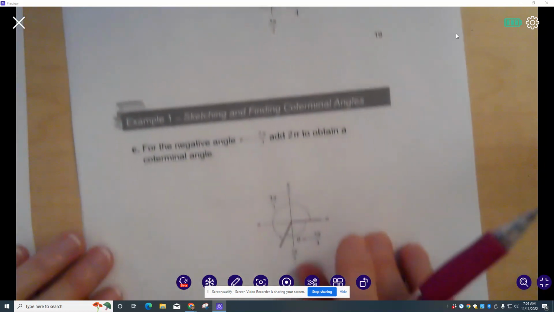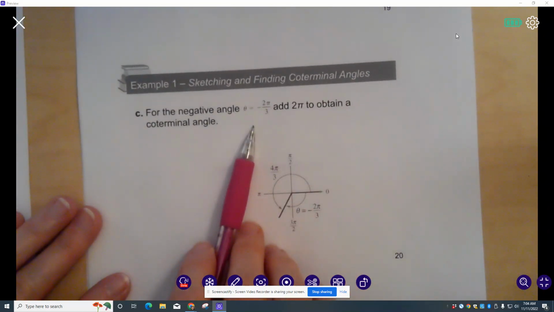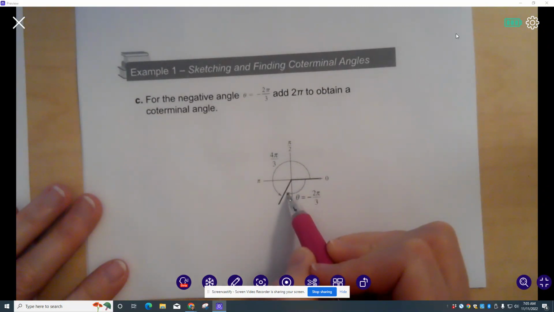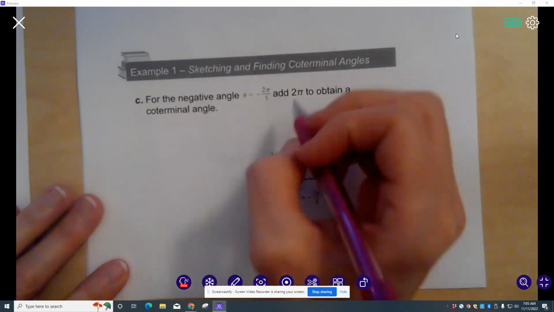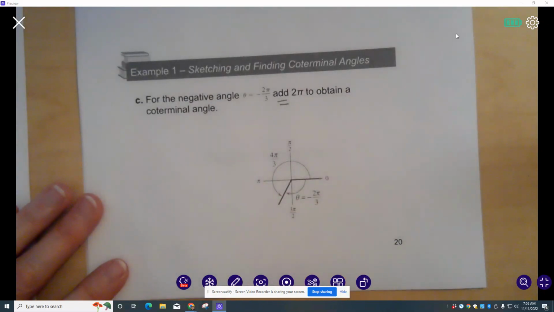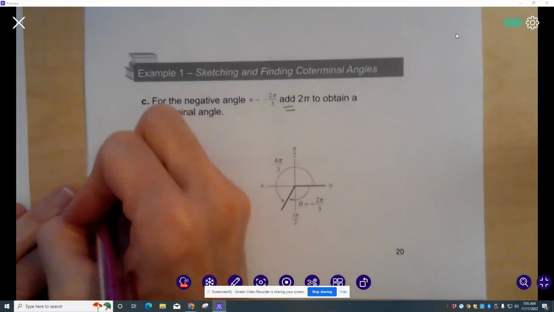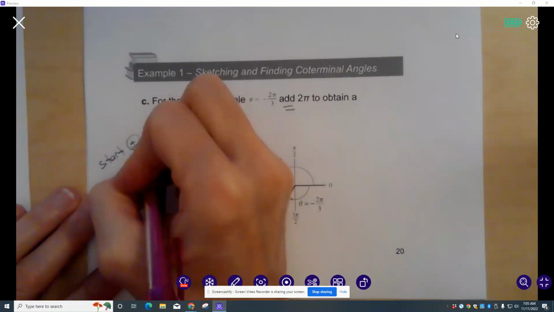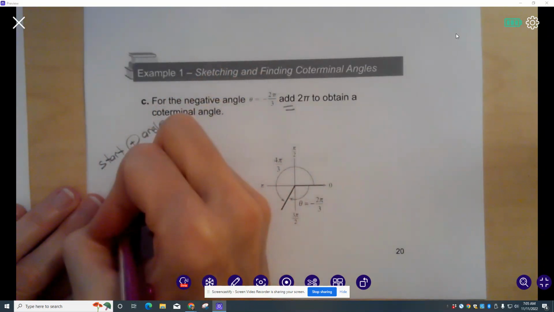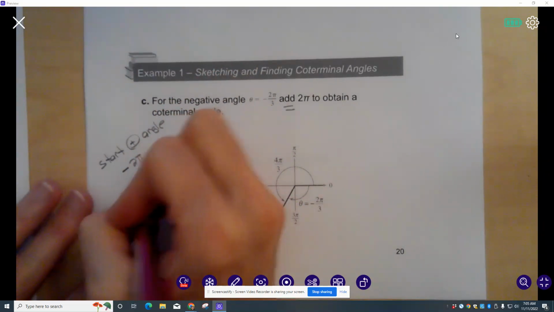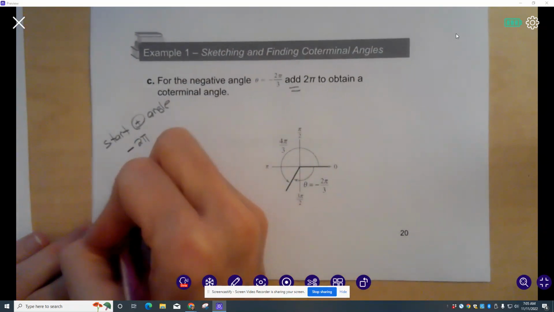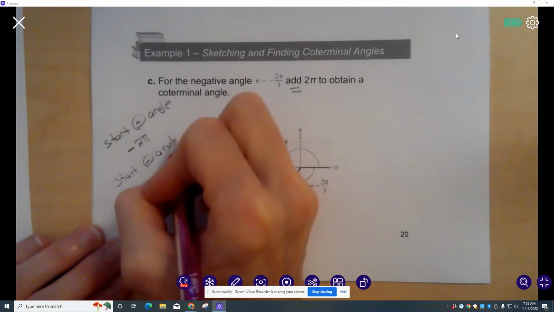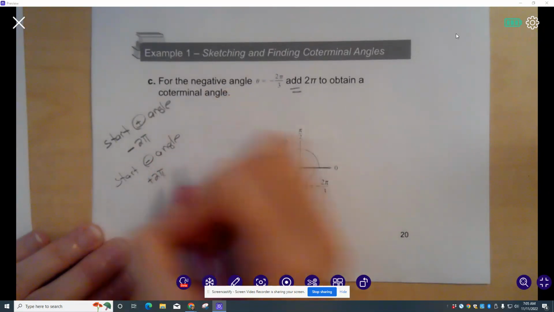All right, now in part C, we're starting with a negative angle. So we're starting down here. If I'm starting with a negative angle, I want to add 2 pi. So if you're starting with a positive angle, we want to subtract 2 pi. If we're starting with a negative angle, add 2 pi.